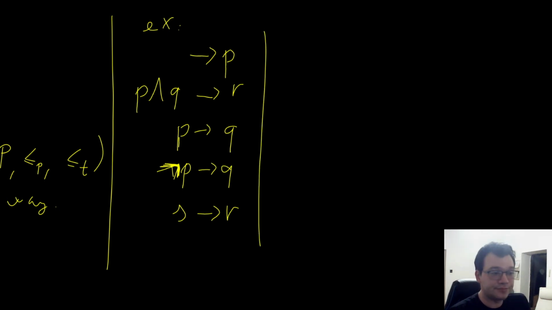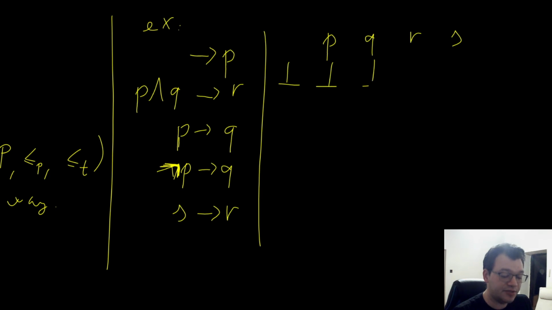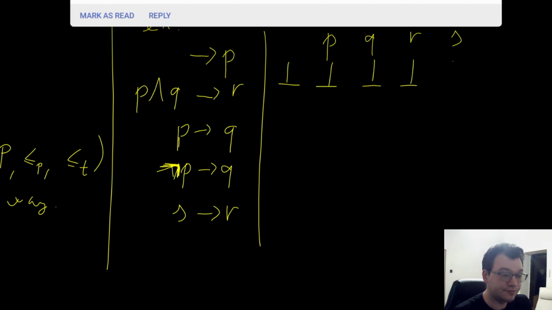Now let's try. So first we will just assign the unknown value to each of these variables P, Q, R, and S. Why the unknown you will see, but this is how we roll.